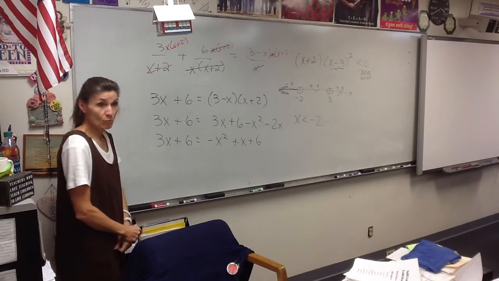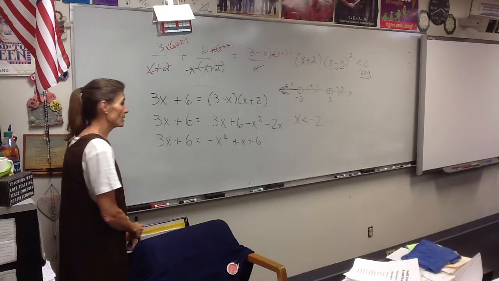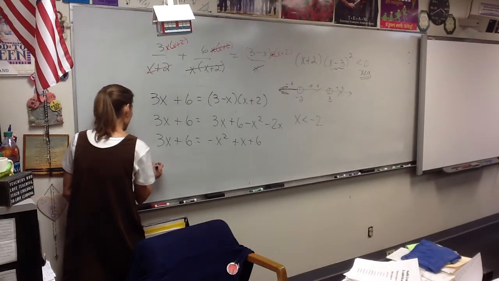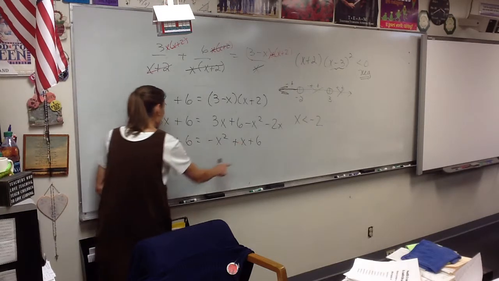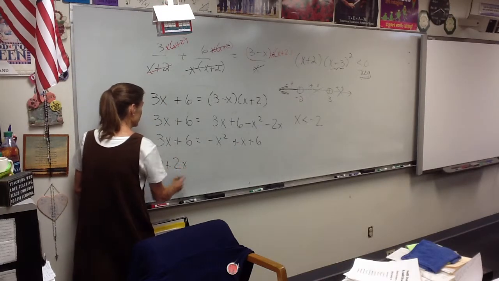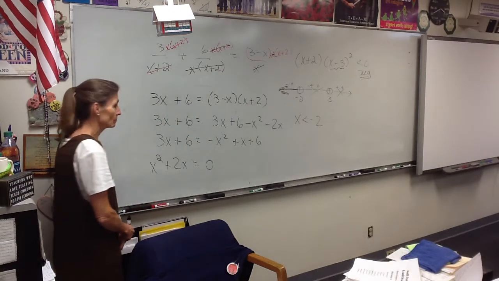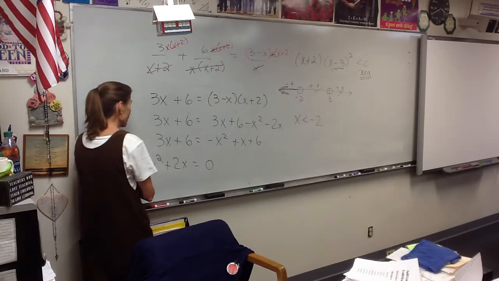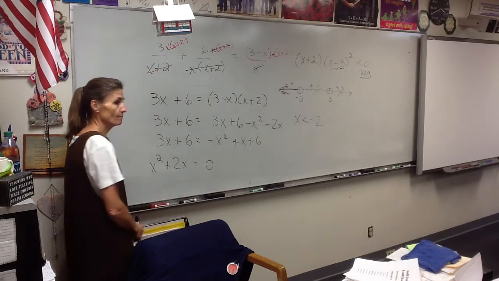Now, that's a quadratic, x squared. I want to get it set equal to 0. So I'm going to add x squared, because I like to have positive. I'm going to subtract x and subtract 6. So I added x squared, subtracted x, subtracted 6.